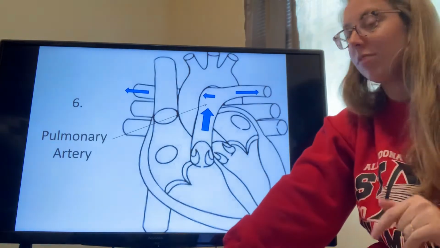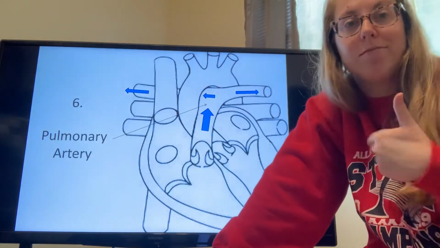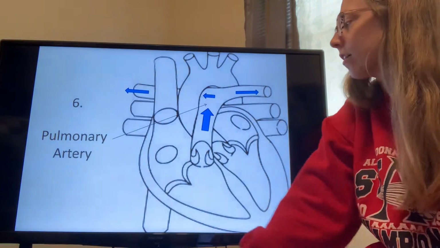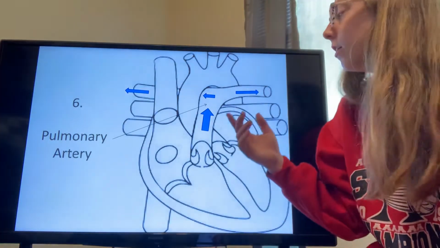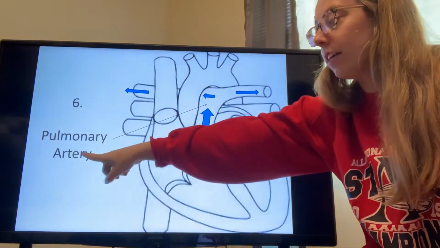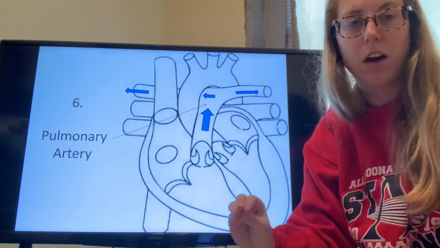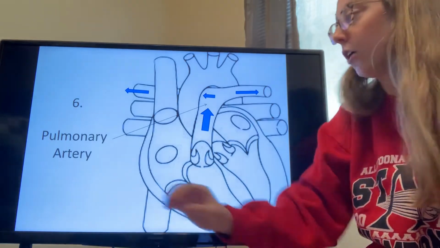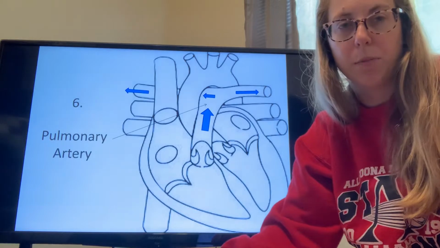Makes sense because we breathe in and out, right? We are breathing in oxygen through our lungs. That's where our blood's going to go get the oxygen from. Pulmonary artery is going to trip you up, but it's the only one that's going to carry the deoxygenated blood. So it's an artery that carries deoxygenated blood, but it's the only one that we're going to talk about.